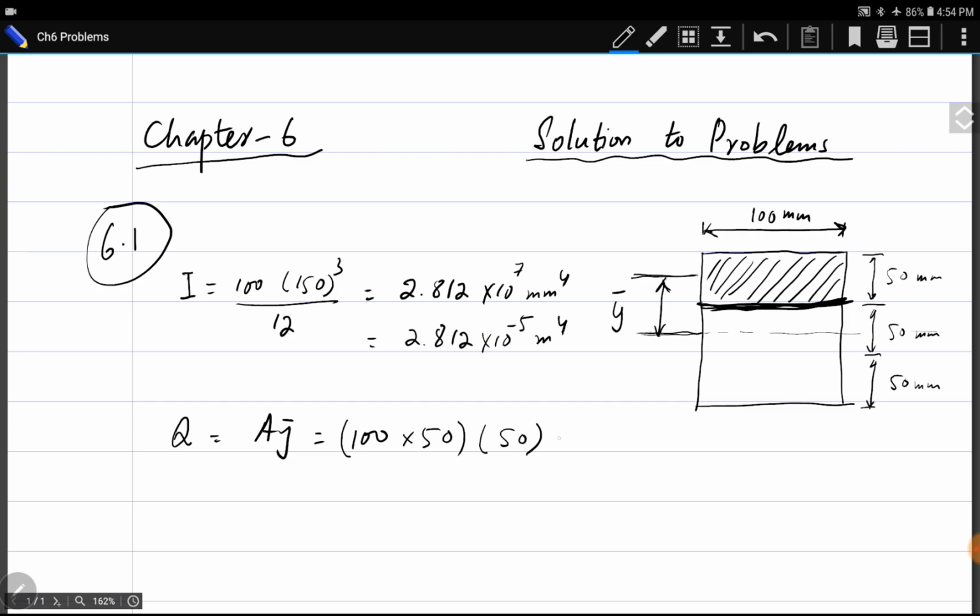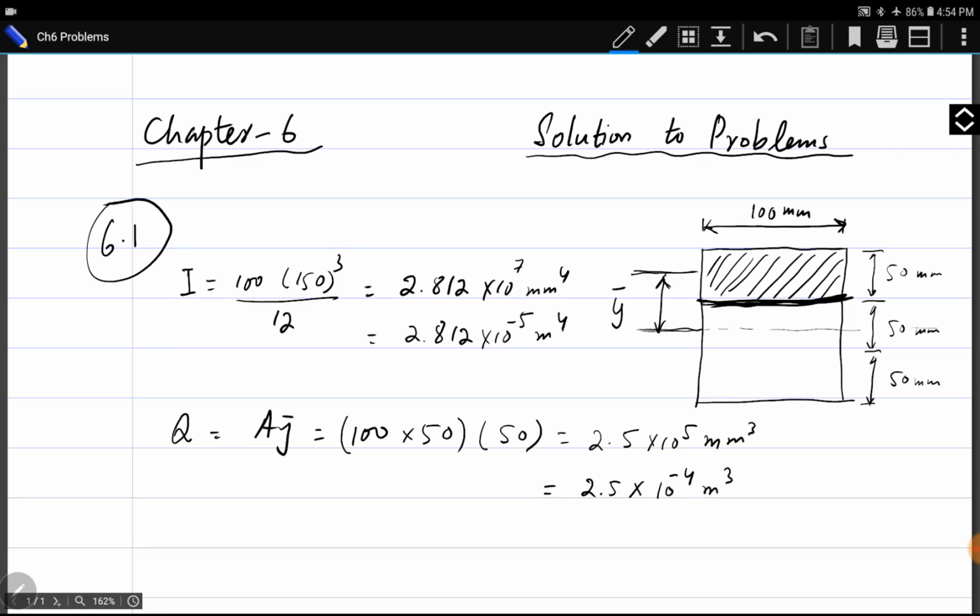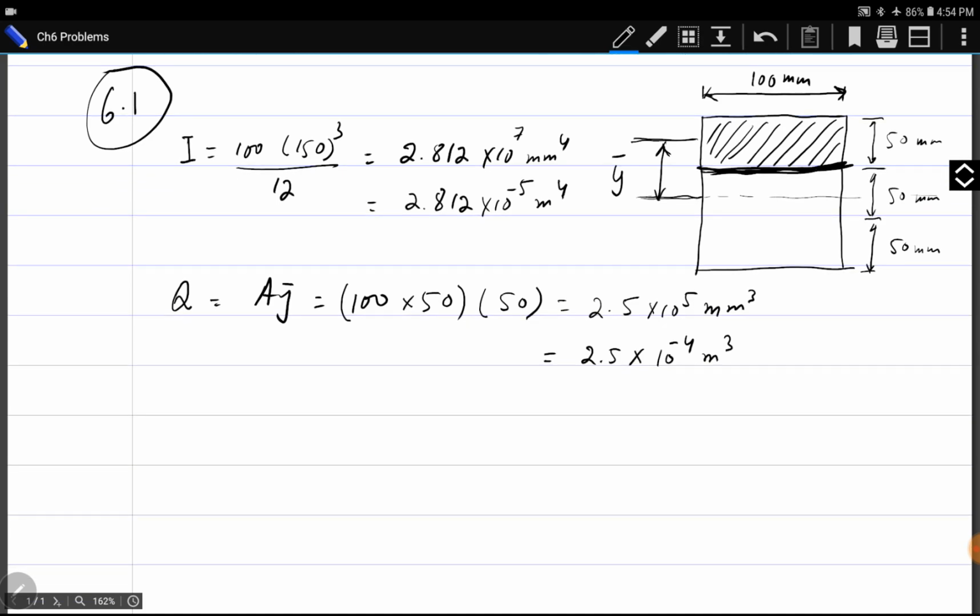So it becomes 2.5 into 10 power 5 millimeter cube, or if we want to convert it into meter cube, it will be 2.5 into 10 power minus 4 meter cube. 1 millimeter is 10 power minus 3 meters, so 1 millimeter cube is equal to 10 power minus 9 meter cube.